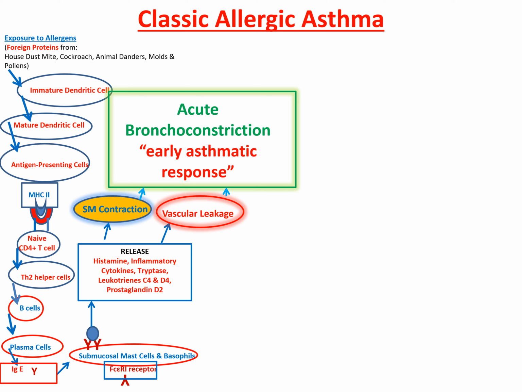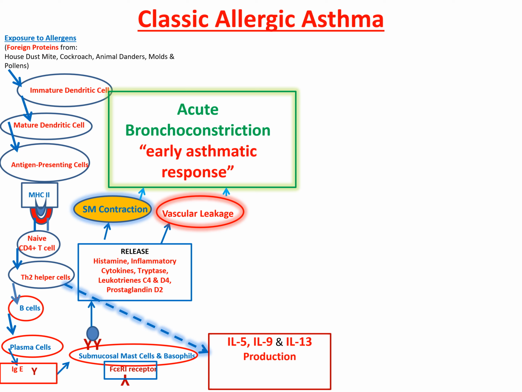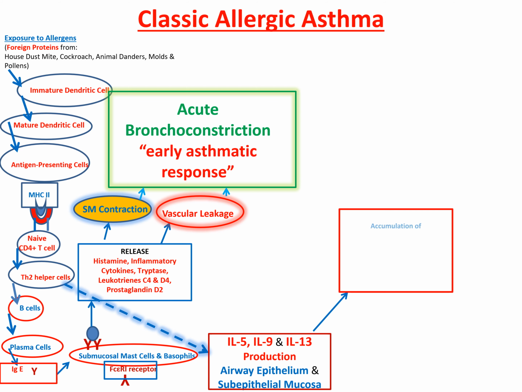Then we have the helper T cells, as we have seen, that are going to produce different types of interleukin: 5, 9, 10, 11, and 13. These interleukins will be produced in the airway epithelium and in the subepithelial mucosa. And as we have seen, they are going to accumulate different types of white blood cells and mast cells.